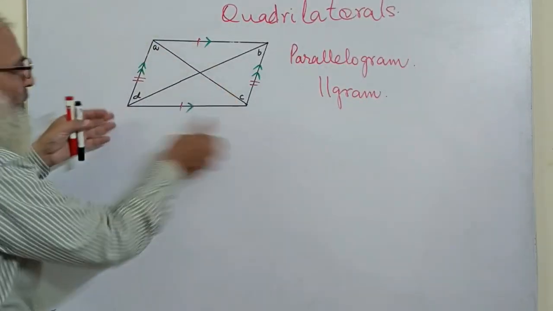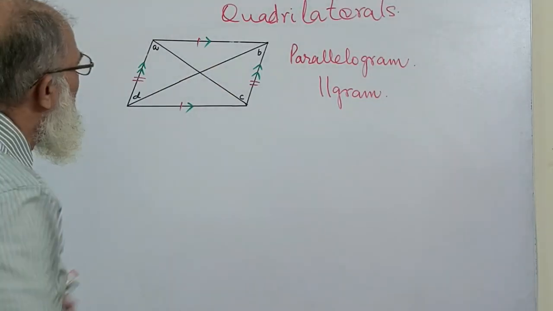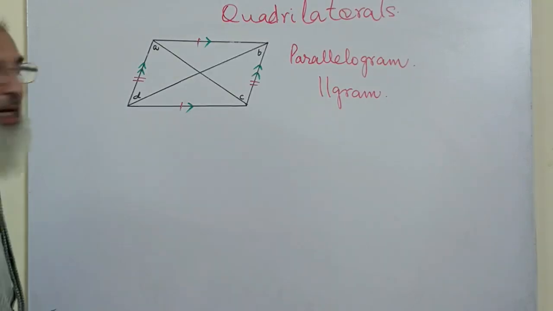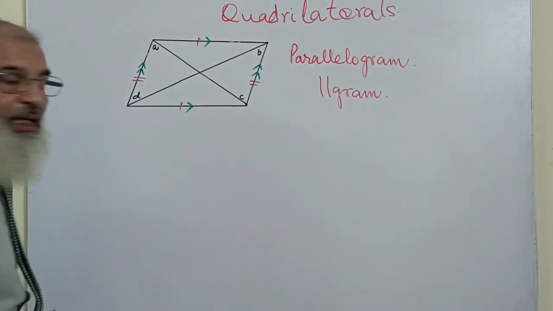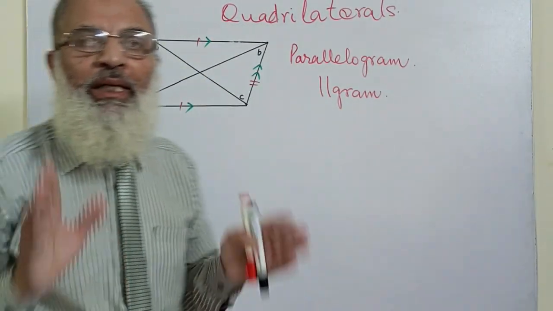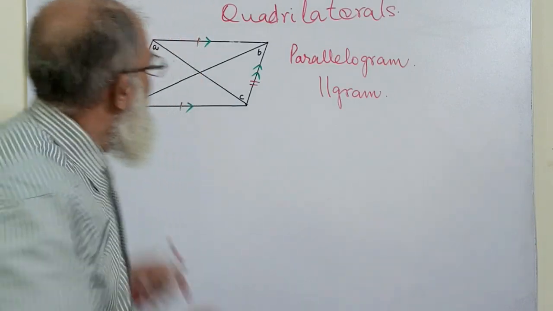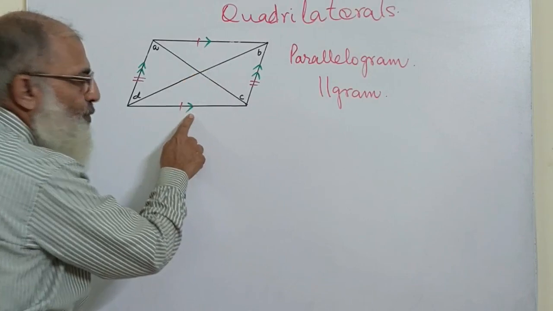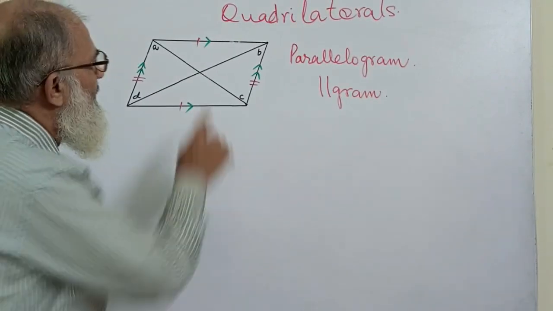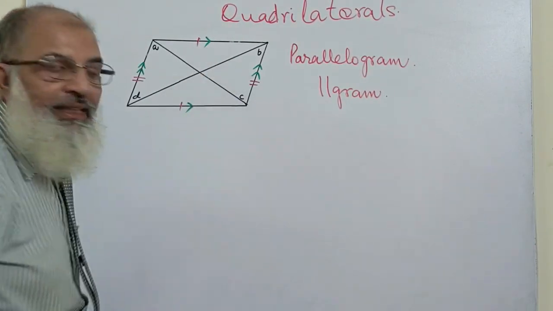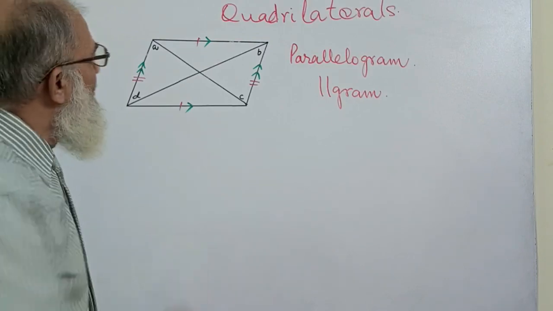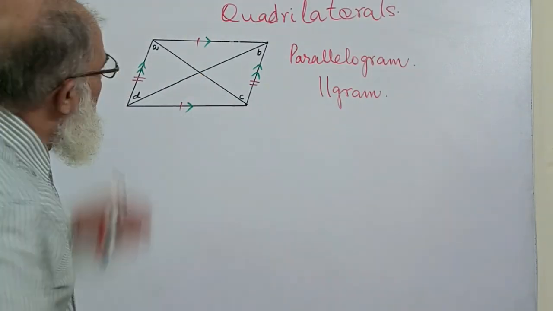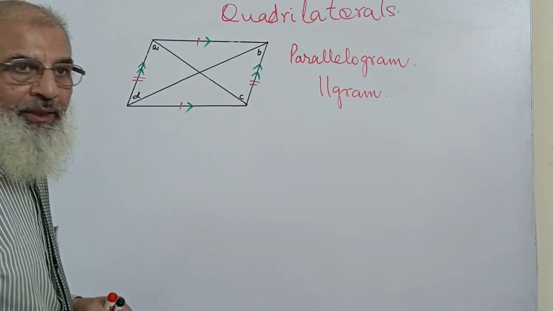Now there are certain properties in this parallelogram: these two sides are not only equal but are also parallel. As you see, this sign indicates that these are parallel lines, and this small short line indicates that these are equal in length.